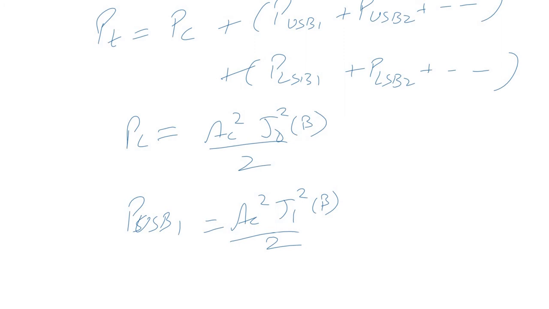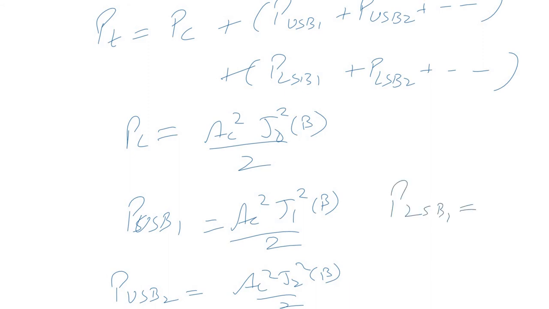And the power of upper sideband 2 will be equal to AC² J2²(β) by 2. And similarly the power of lower sideband 1 can be found out as AC² J-1²(β) by 2 and so on. Right?